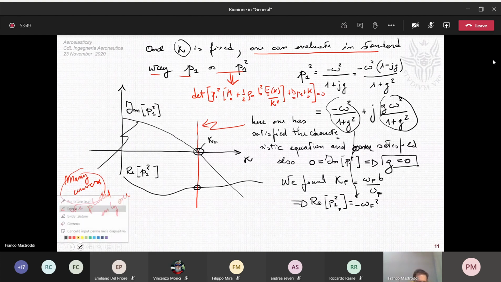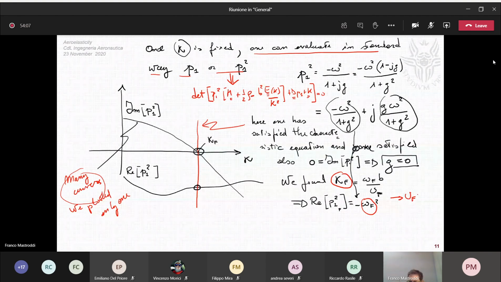So we have identified U flutter as equal to omega flutter times B divided by k flutter. It's trivial.